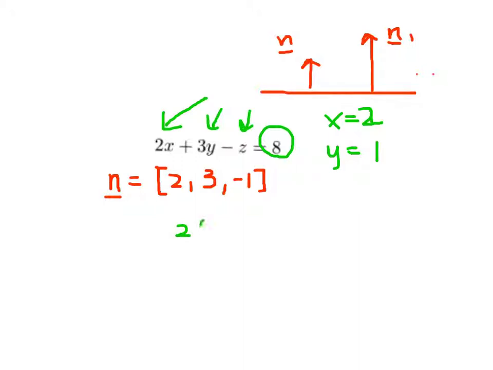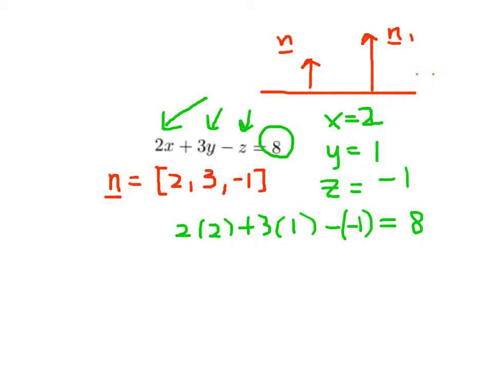Then I will have 2, substituting x with 2, plus 3 plus 1, and then minus z. What would z be to get 8? Well, of course, this should be -1 to get 8. So a point which lies on the plane is 2, 1, and -1.